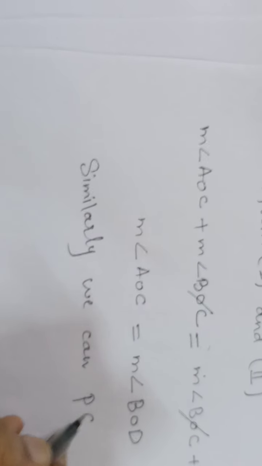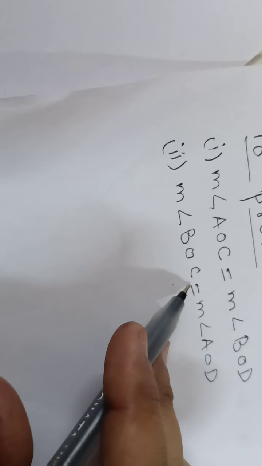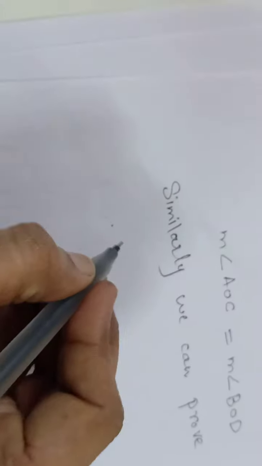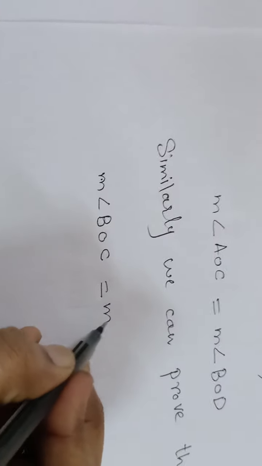We can prove that. Second step we will copy. What is our second step? Angle BOC and angle AOD. So I will write here measure of angle BOC is equal to measure of angle AOD.